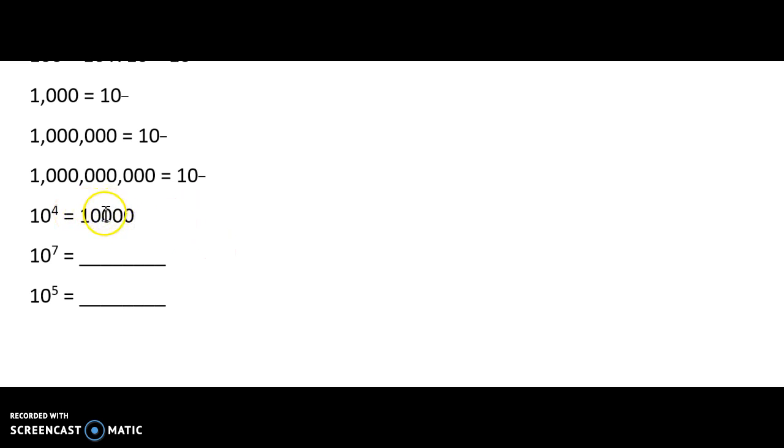And if it helps you to see those numbers, you can put in the comma there and see that you have 10,000. Okay, so to go from base 10 with a power to a standard number, you just write a 1 and add the number of zeros matching the exponent there.